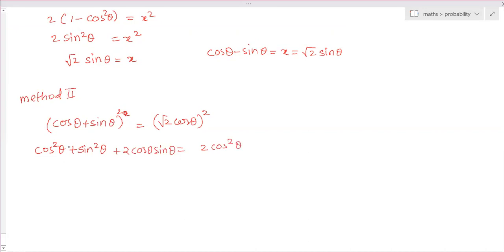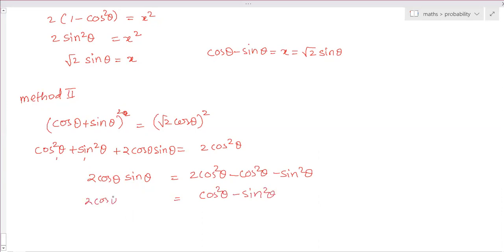Now bring this and this term to the other side, RHS. So 2 cos theta sin theta is equal to 2 cos square theta minus cos square theta minus sin square theta. So this is equal to cos square theta minus sin square theta, equal to 2 cos theta sin theta.